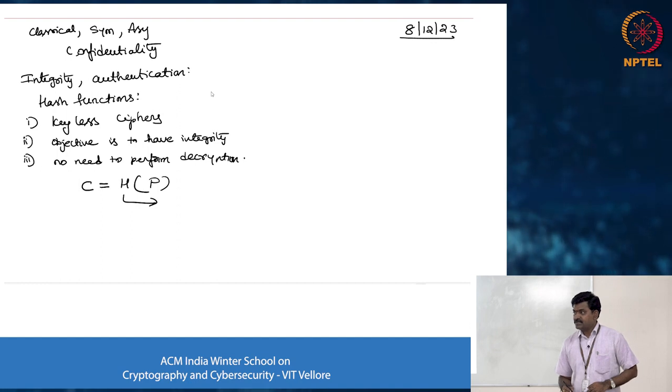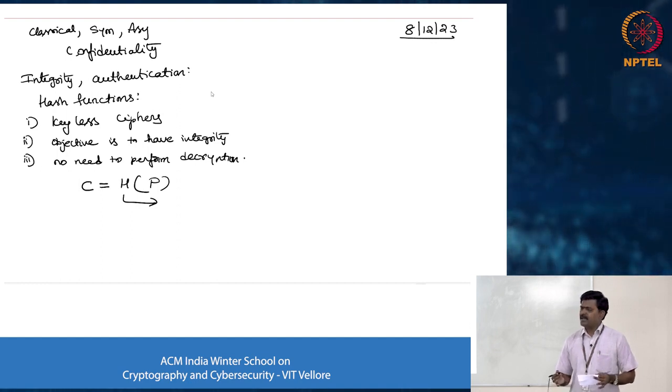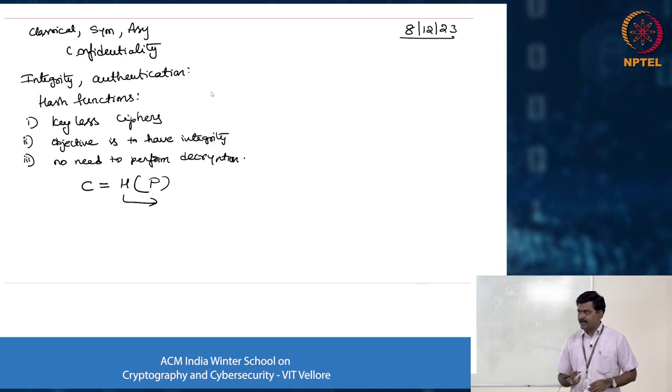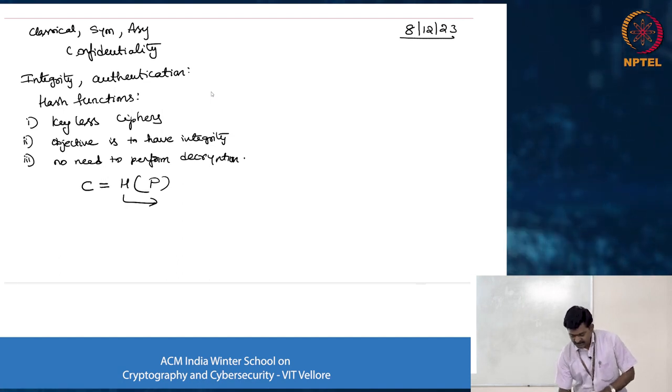Generally what we do is C is equal to E of P comma K, or E of P comma public key, whatever it is. Had I written E, I have written H. So what is H? H is a hash function.